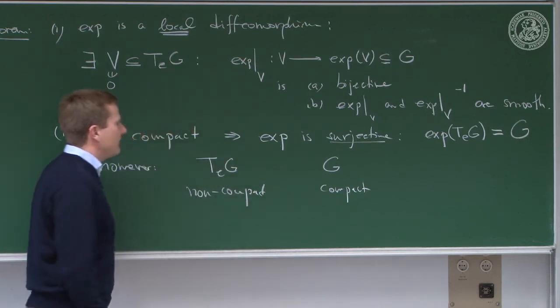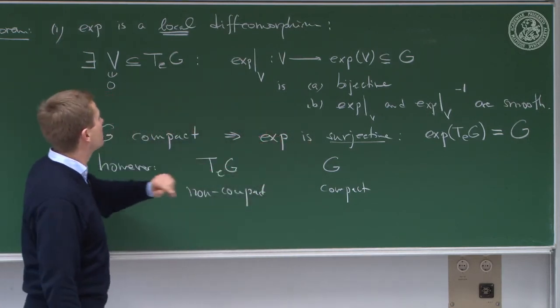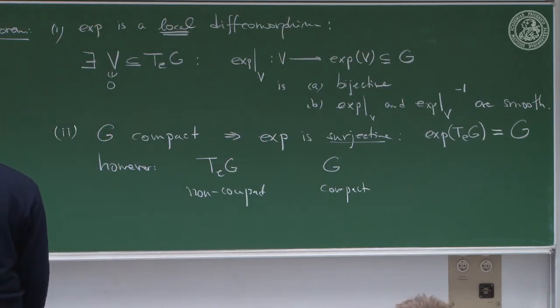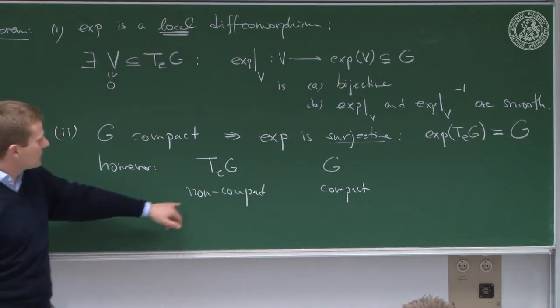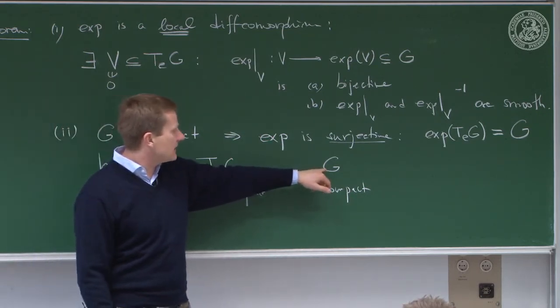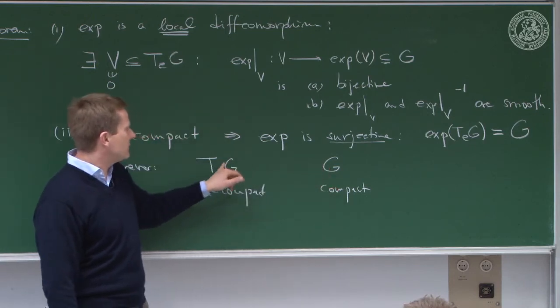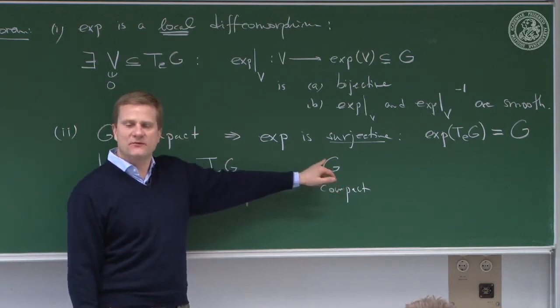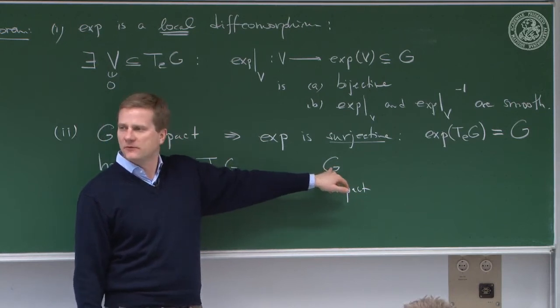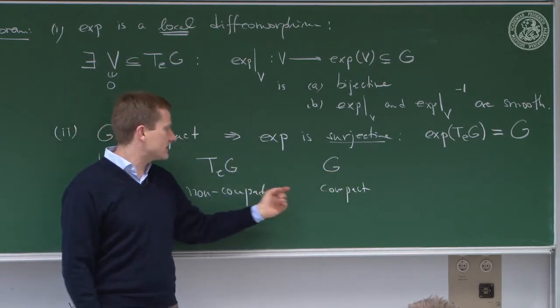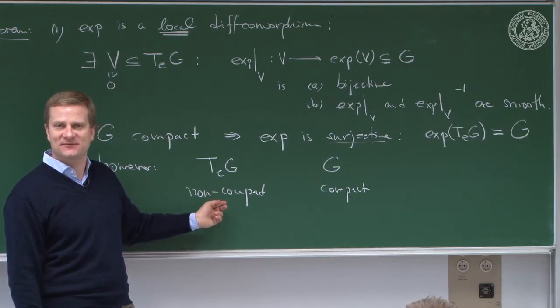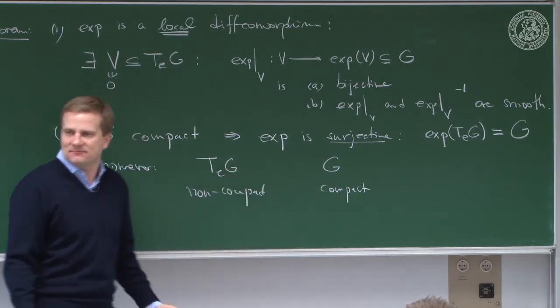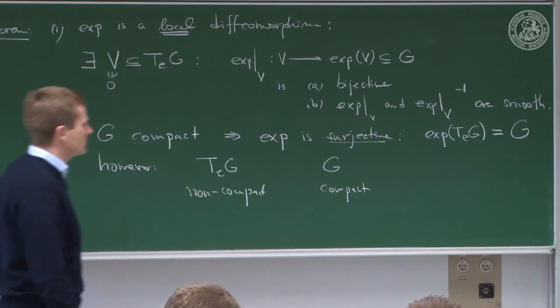Now, if I have a map that's surjective, and it's of course a smooth map, we know that. Did I say that? The exponential map is smooth. Well, if you have a smooth map that's bijective, then you would have established a diffeomorphism. But a diffeomorphism, in particular, is a homeomorphism, and it should send a non-compact space to a non-compact space, so it should preserve this. So the point is, it cannot be injective, because otherwise it had to preserve the topological structure.